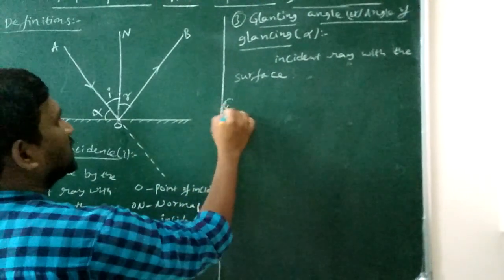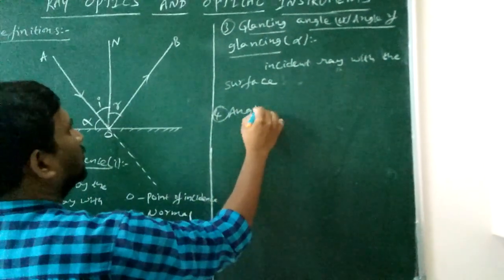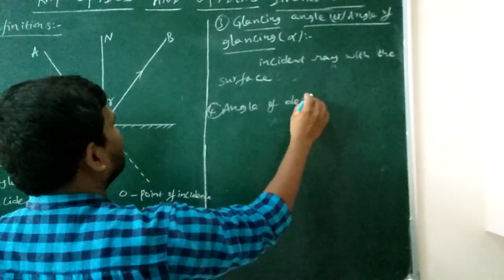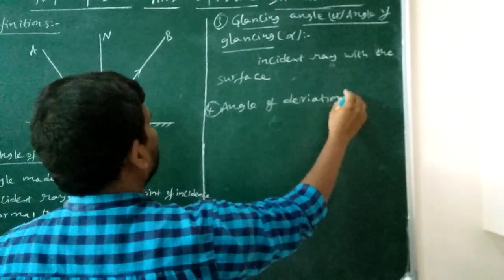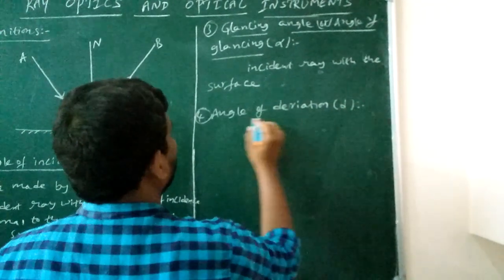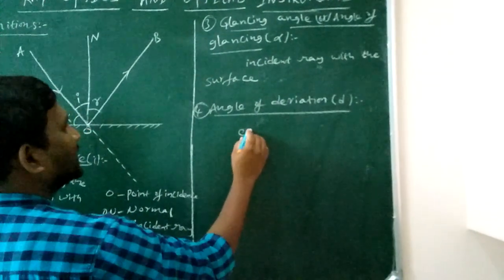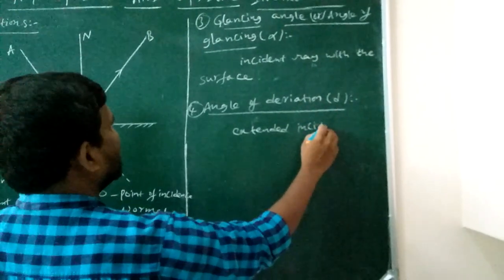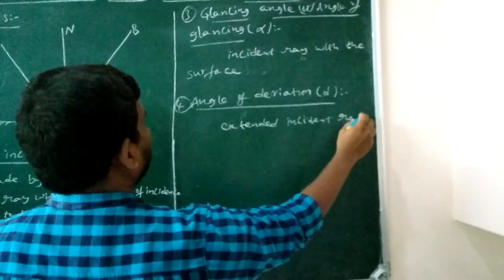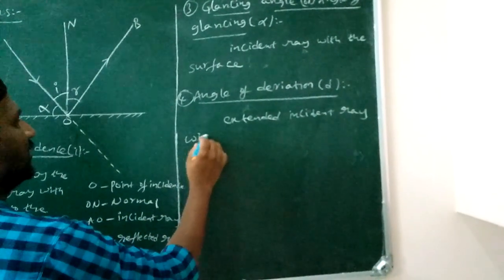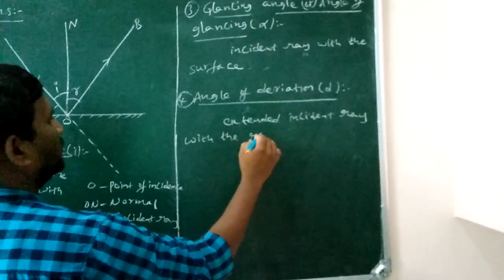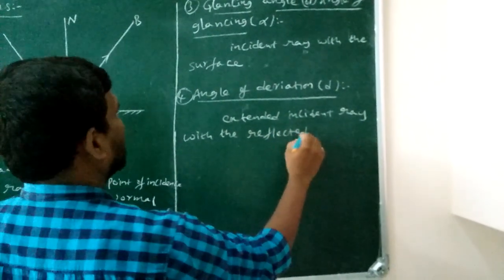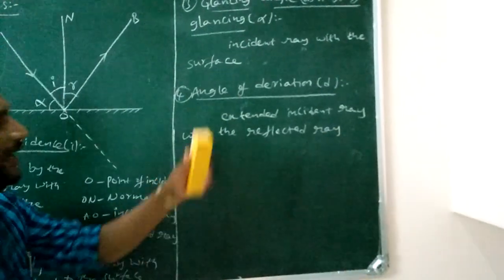And the fourth definition is angle of deviation. It is denoted with the letter small d. The angle made by the extended incident ray with the reflected ray is called the angle of deviation.